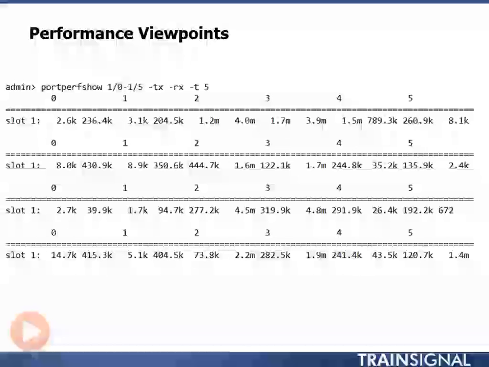Now, as we can see, for slot 1 port 0, here at the top left of the screen, we can see that the port is transmitting 2.6K but receiving 236K. So it's receiving a lot more traffic than it's transmitting. But neither of those are high numbers. They don't even break out of kilobytes into megabytes a second. So we know that that particular port is not being pushed hard.